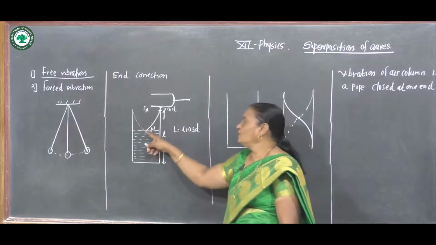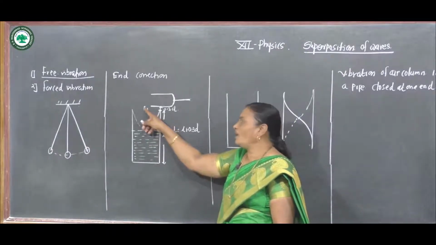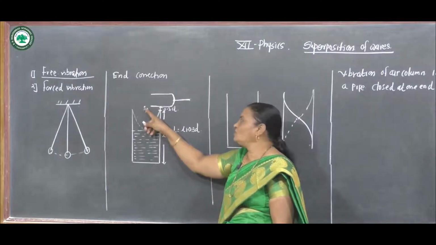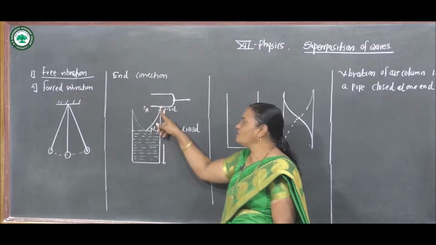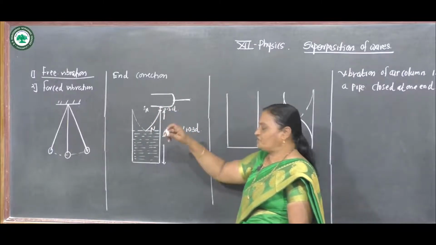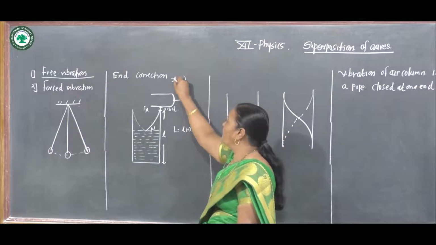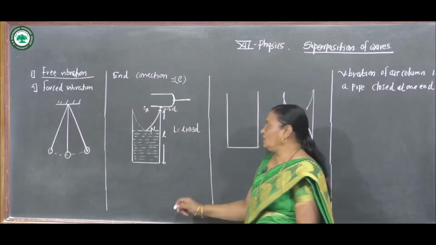There is a node formed at the closed end and an antinode formed at the open end. Now, this antinode is not exactly at the open end, it is a little distance above the open end and it is called end correction. The end correction is represented by E.